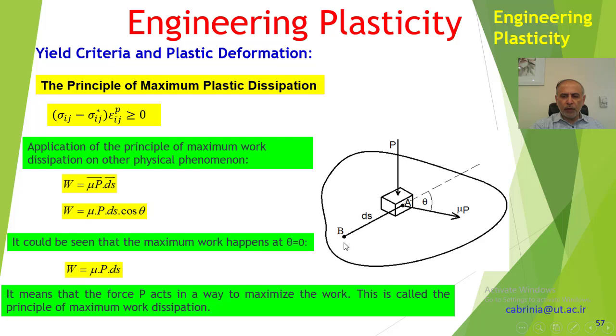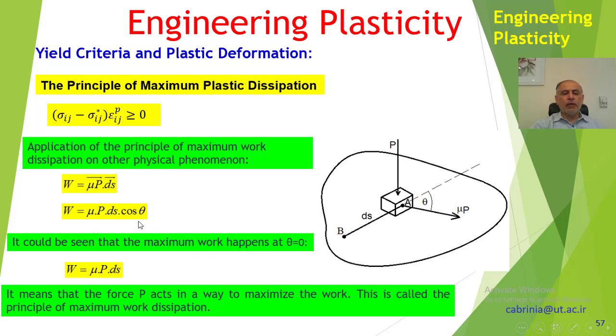When mu p is along BA, that is the correct physical phenomena. Only we have shown here that theta can only assume the value of 0, and cos theta can only assume the value of 1 for this phenomena to happen.